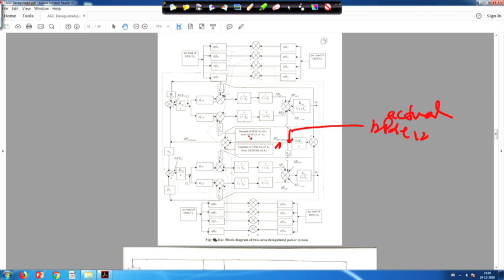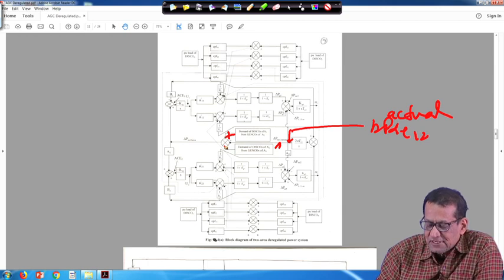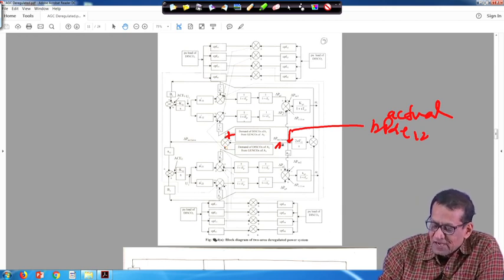Look, the first term of that equation that we wrote is the delta P tie 1-2 schedule value: demand of DISCOs of area 1 from GENCOs of area 2, so that is why this plus sign is taken, and minus demand of DISCOs of area 2 from GENCOs of area 1, so that is your minus. This gives the delta P tie 1-2 schedule power, and this is delta P tie 1-2 actual.